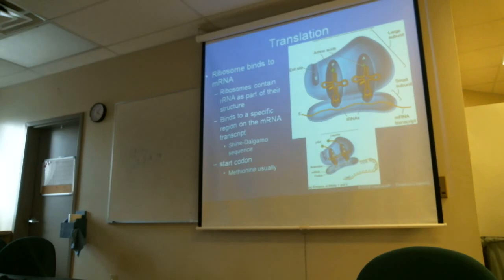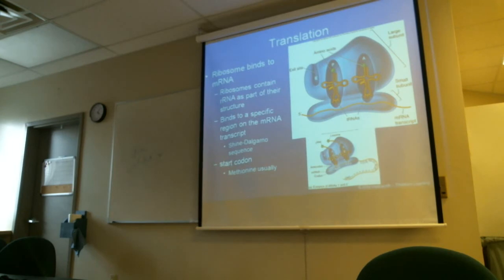Now the E site is the exit site. As soon as those transfer RNAs drop off their amino acid, they leave through the exit site, and they can actually be reused again if that amino acid comes up.